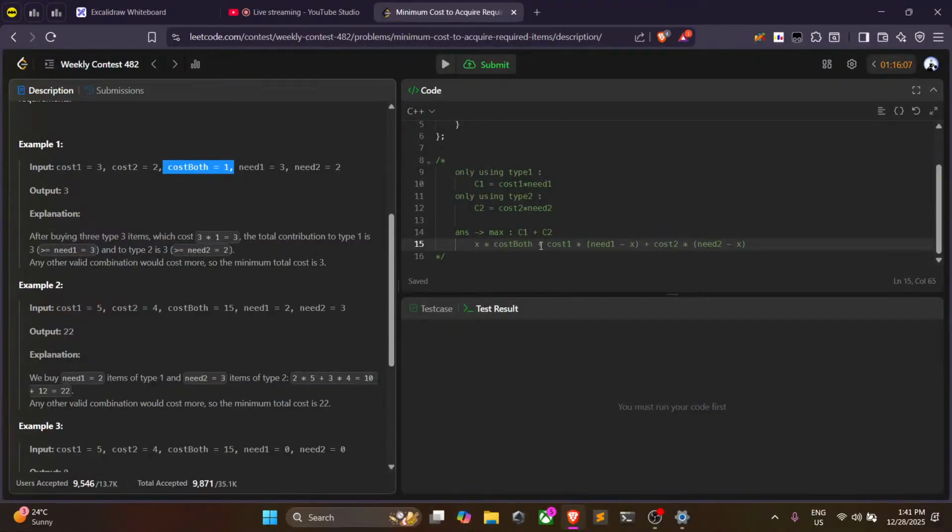So these two things are independent. Either I need to choose this, or I need to choose this. If any one of the two things is more than this, then it's better to take this one.